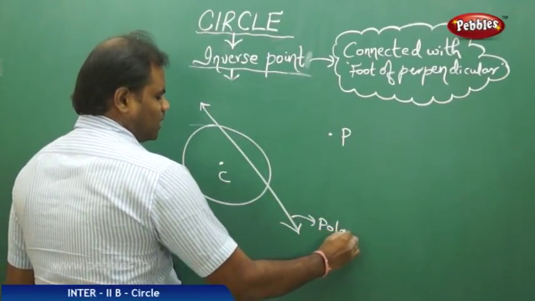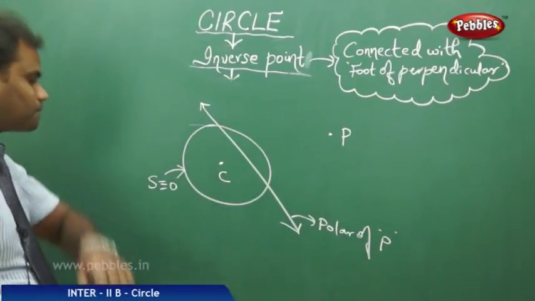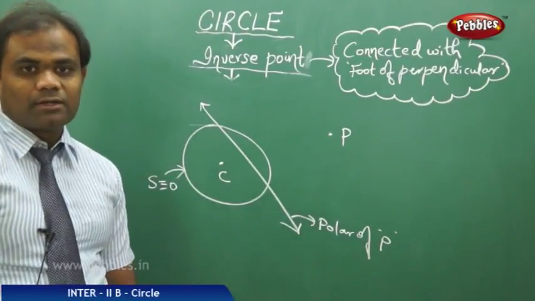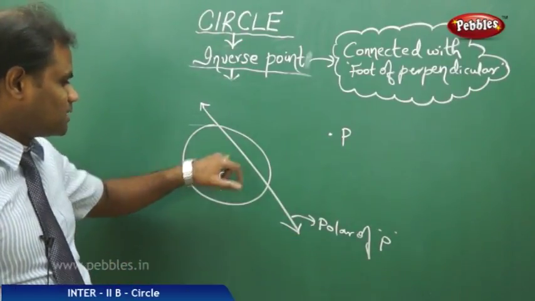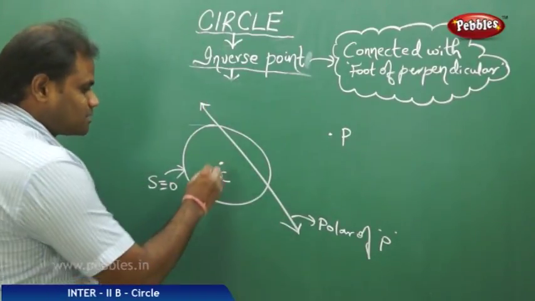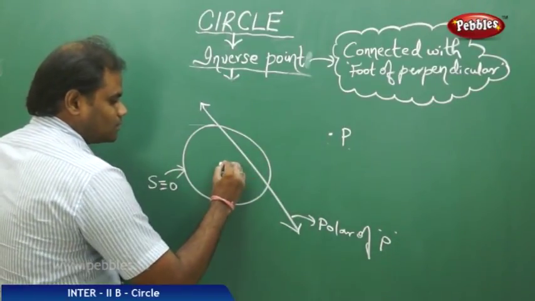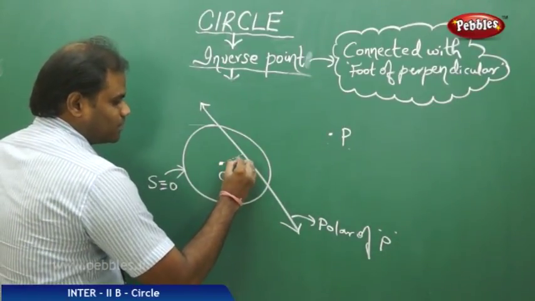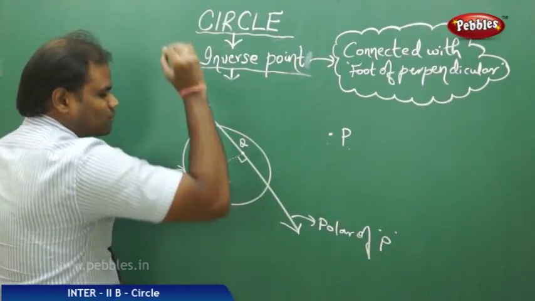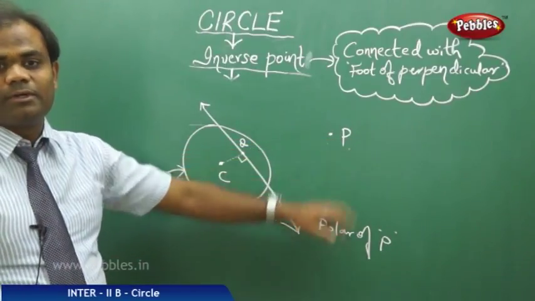So this is the polar of P. Now here the inverse point of P is the point which is the foot of perpendicular from the center to the polar of P. That is, if this is the polar of P and this is the center of circle, then the inverse point of P is the foot of perpendicular, which is Q. So Q is the inverse point of P.